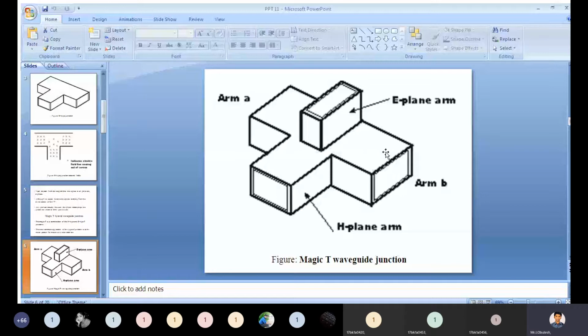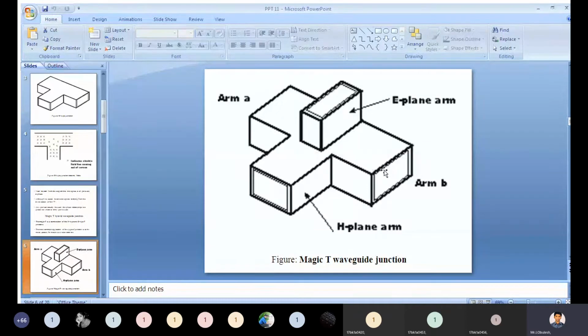However, no signal will enter the H plane arm as a result of the fact that a zero potential exists there. This occurs because of the condition needed to create the signals in the A and B arms.